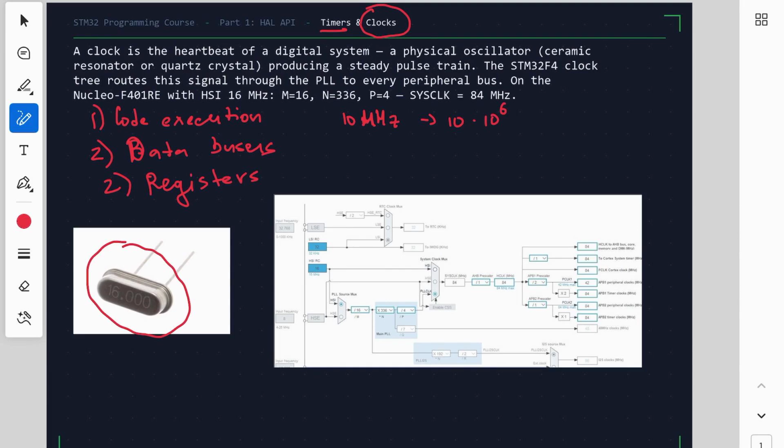Okay, so the greater the clock frequency, the greater the computational power of the system, but at a cost of the power consumption.